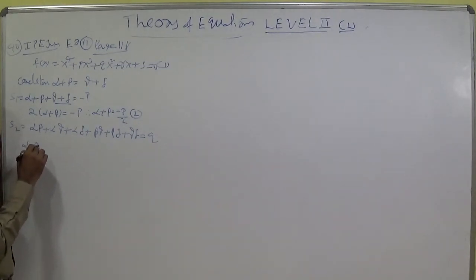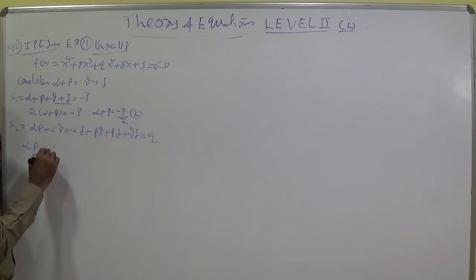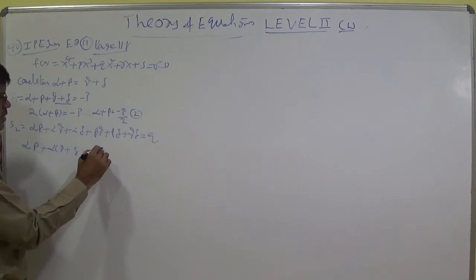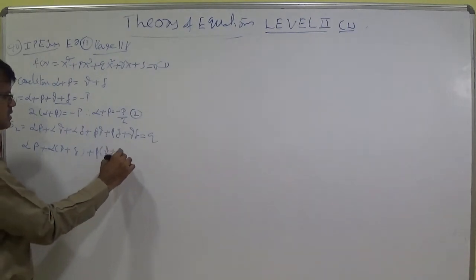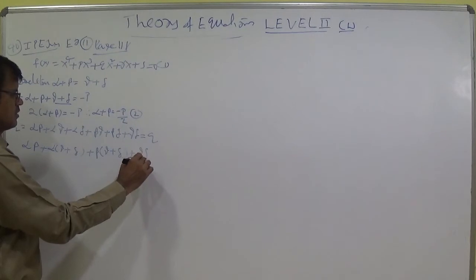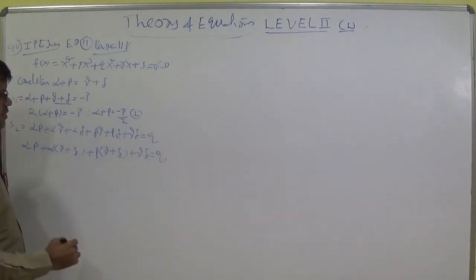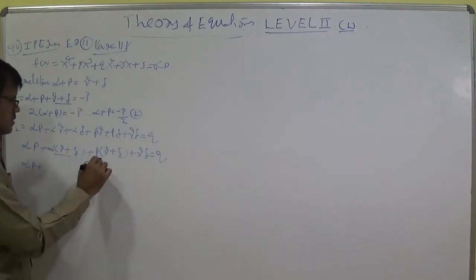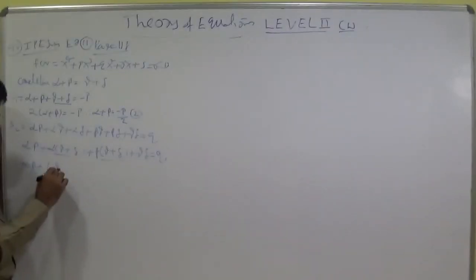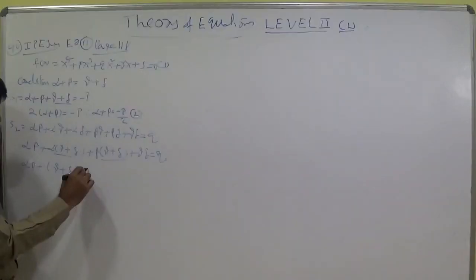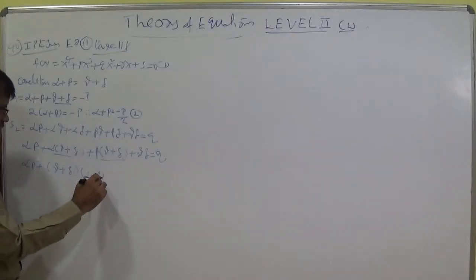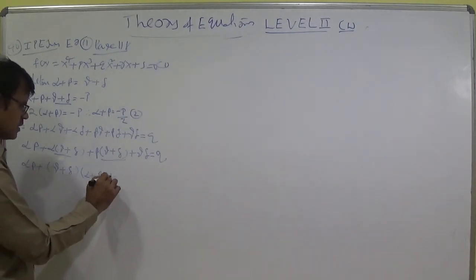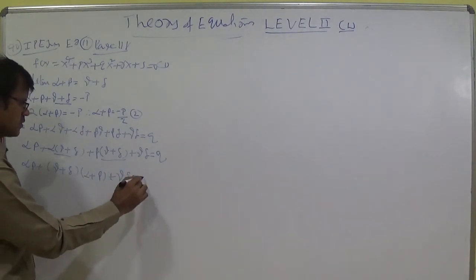Alpha beta plus, you take common here alpha into gamma plus delta, take common here beta into gamma plus delta, plus gamma delta is equal to q. So alpha beta plus, take gamma plus delta as common. It becomes gamma plus delta into alpha plus beta plus gamma delta is equal to q.